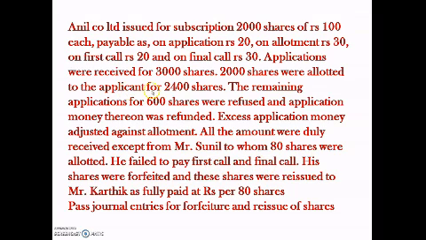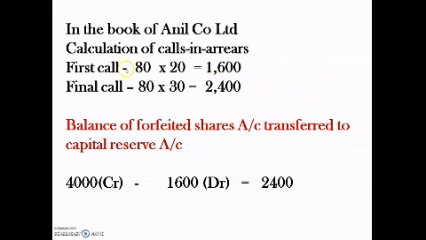First call money per share is 20 and final call money per share is 30. Multiplying 80 shares by each, first call calls in arrear is 1600 and final call calls in arrear is 2400.